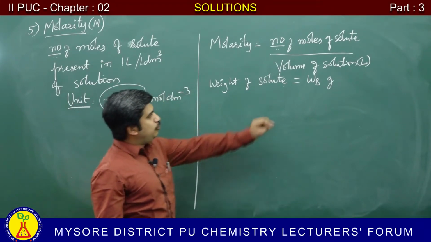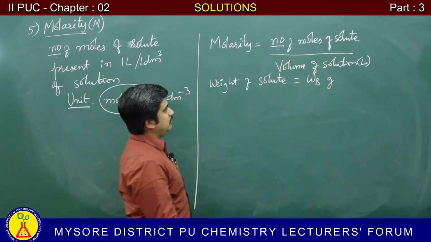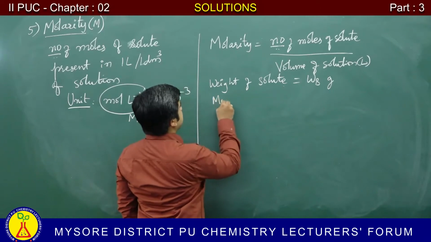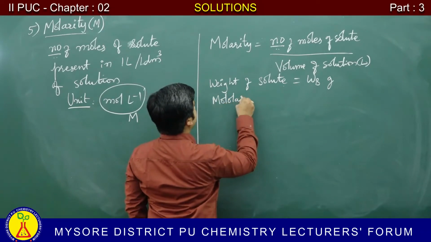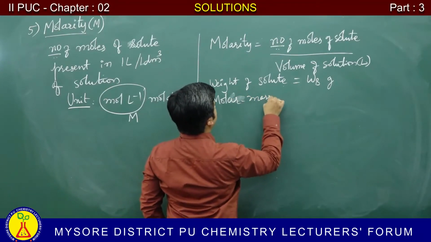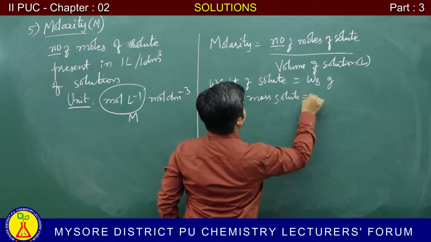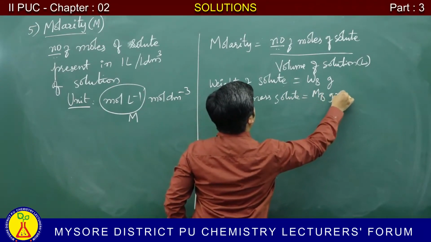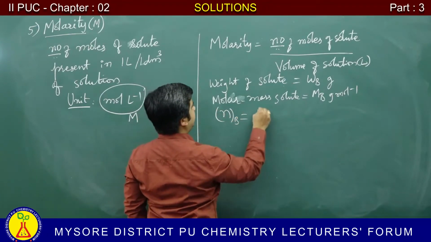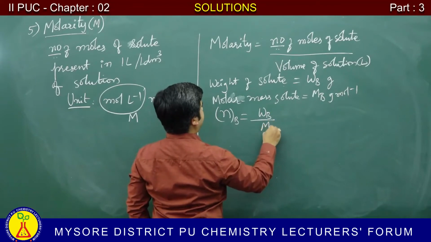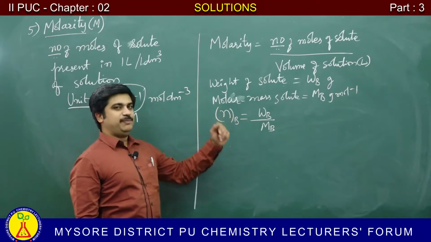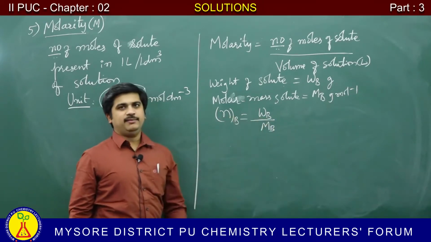Okay. If WB grams of solute is dissolved in a certain volume of solution, the molar mass or molecular mass of solute being MB gram per mole, then how much will be number of moles of B? This will be WB divided by MB, correct? For finding number of moles, we can apply this formula, weight in grams divided by molar mass.